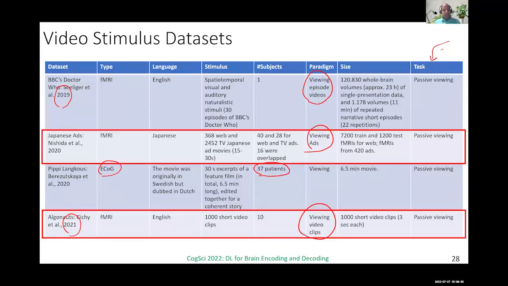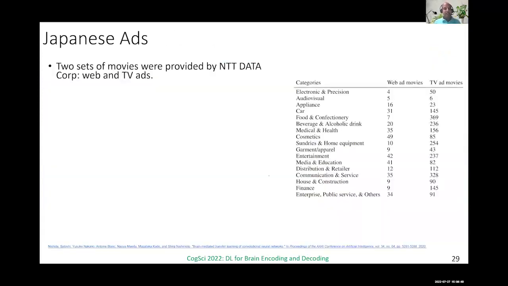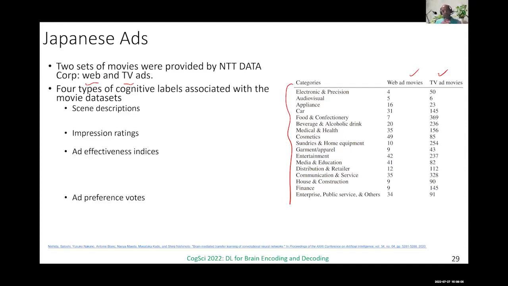I'll talk in detail about the Japanese ads data set and the Algonauts data set. The Japanese ads data set is about two kinds of ads: web ads and TV ads. There are several short ad movies across multiple categories. The data set comes with fMRI, but also with other interesting labels: scene descriptions and impression ratings.